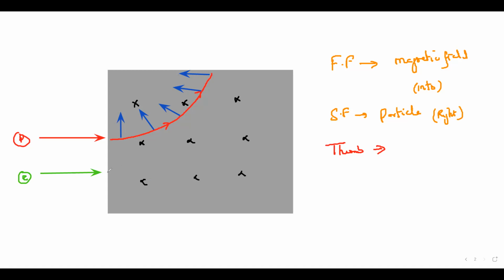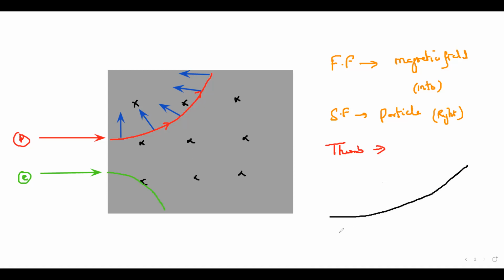The curvature of the track depends on the momentum of the particle, the product of mass and velocity: what is the mass of the particle and what is the speed at which the particle is moving. If the particle has a high momentum, it will have a greater radius of curvature.